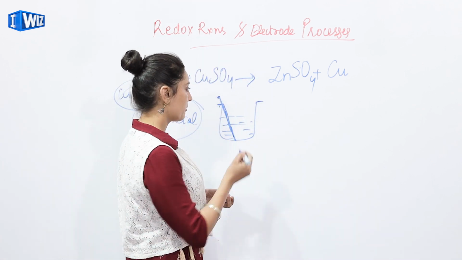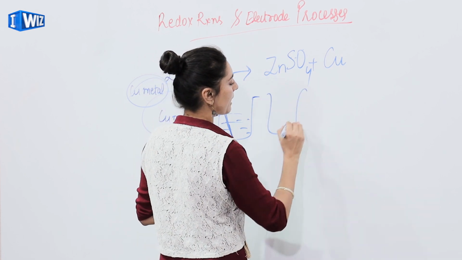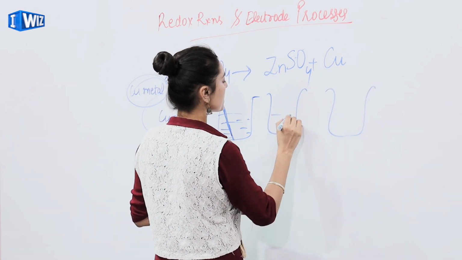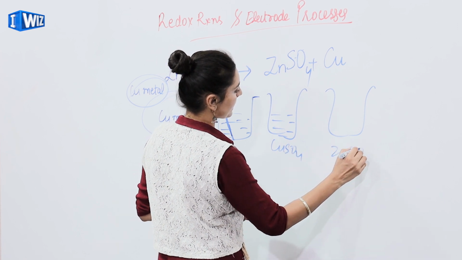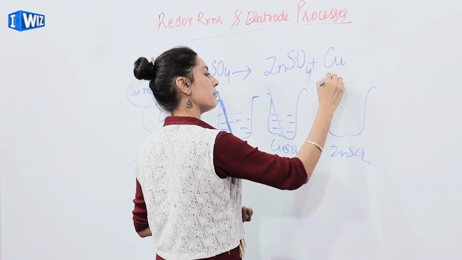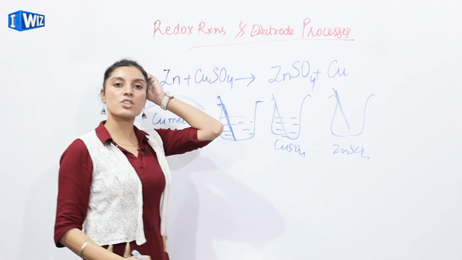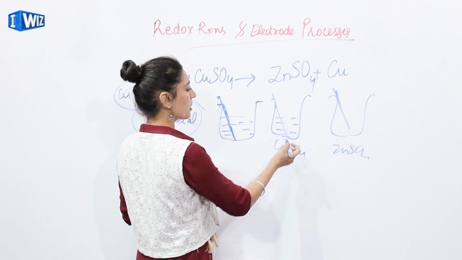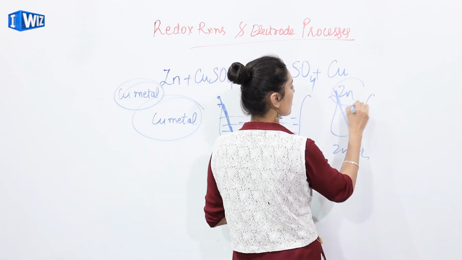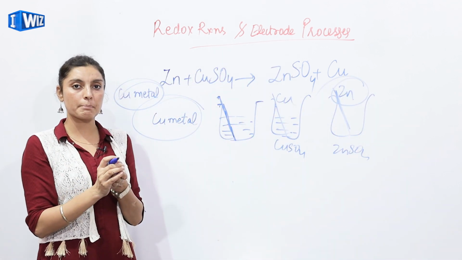There is another way for the same. For example, I have two beakers, one containing copper sulfate, another containing zinc sulfate, with the rods dipped in them and the reaction occurring there. What will happen if I dip the copper rod in the copper sulfate and zinc in the zinc sulfate? What will happen after some time period?